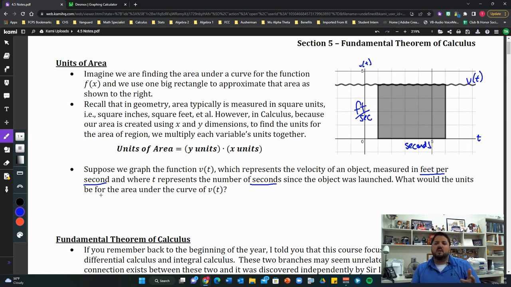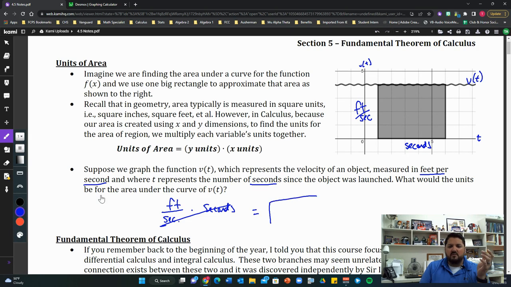Well, if that's the case, when I go to calculate the area of that region, not only do I get a real-world number, but the units now take on a real-world meaning. So if I simply multiply feet per second by the other dimension, seconds, these cancel out, and what we're left with is some number of feet.